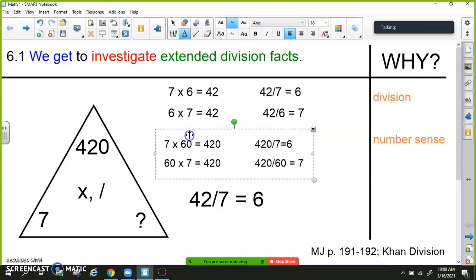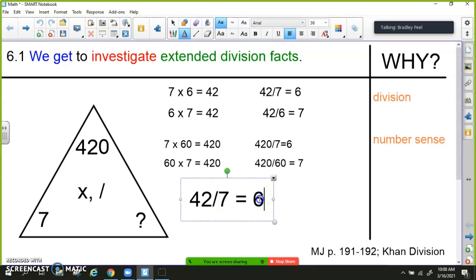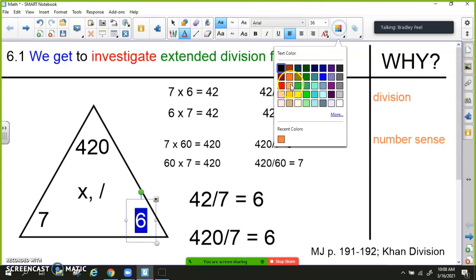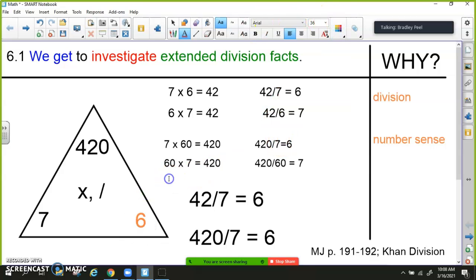So you'll be asked to write that extended fact, and that 420 divided by 7 equals 6 as well. So the number that would fit there, to make sure it is in fact the complete magic triangle, is the 6 in that case.